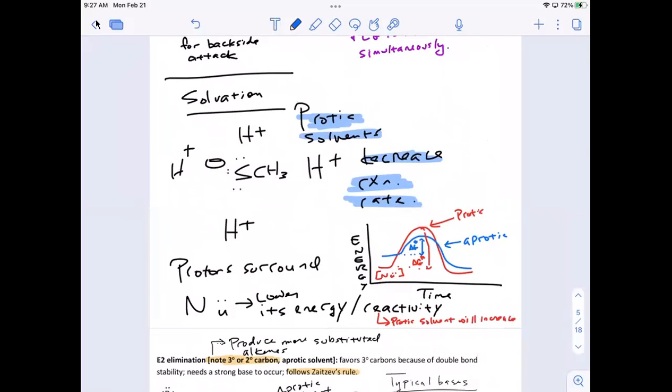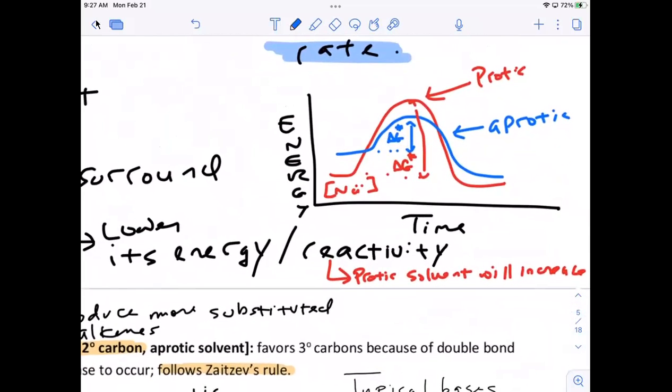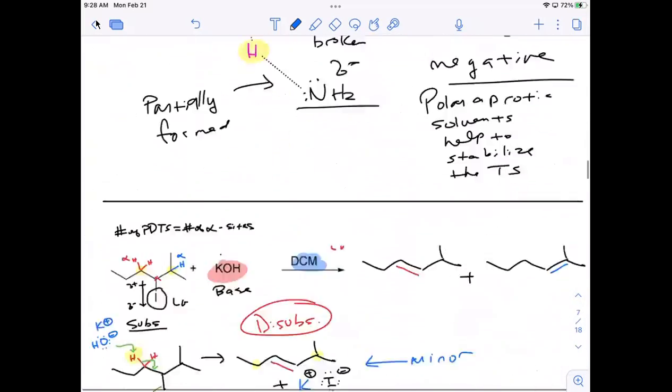But if your nucleophile is solvated like this, where the solvent molecules cage it in and surround it, the energy of the nucleophile, where I have it in red, is going to go down. When that happens, that's going to make the activation energy go up. If you decrease the activation energy, the reaction speeds up. If you increase the activation energy, the reaction slows down. And so when we go back to here, you see the opposite effect.